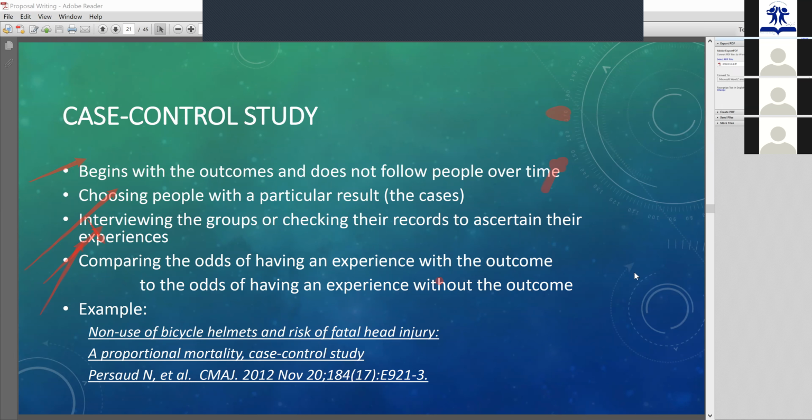From the name, I can understand that probably they have categorized the patients into two groups, the group that had a head injury and the group that did not have a head injury, and then they search for the exposure. They search if they have used the helmet or not in both groups.